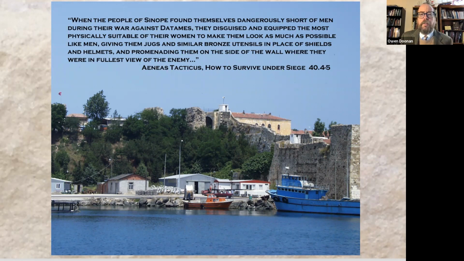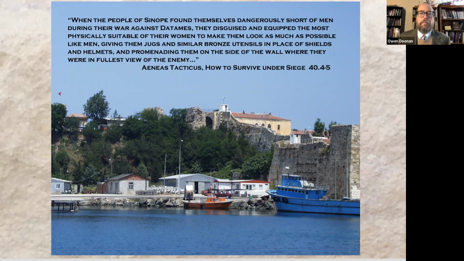So this comes from Aeneas Tacticus, who collected a range of stories about how to survive under siege. And one of his stories was about the people of Sinope when they found themselves dangerously short of men during their war against Datames. That was in 382 BCE.